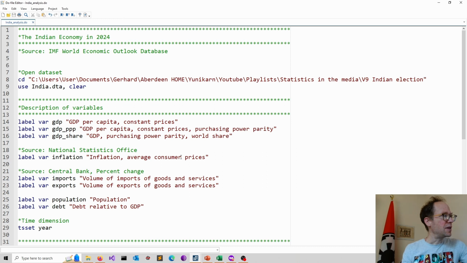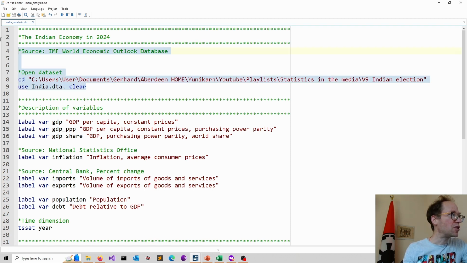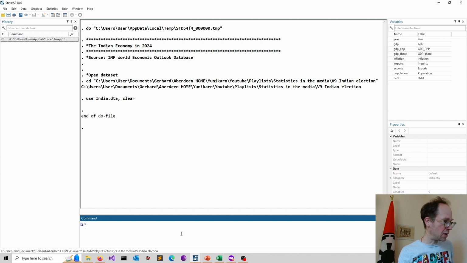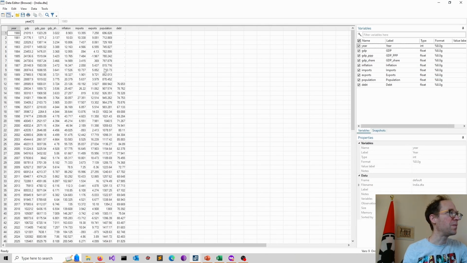The first thing I will do, which is a good idea, is add some data labels, because otherwise you don't know what these different variables mean. So let me just run this part and open the data, and if we do br for browsing the data, we now see our data structure. So we have years starting in 1980.